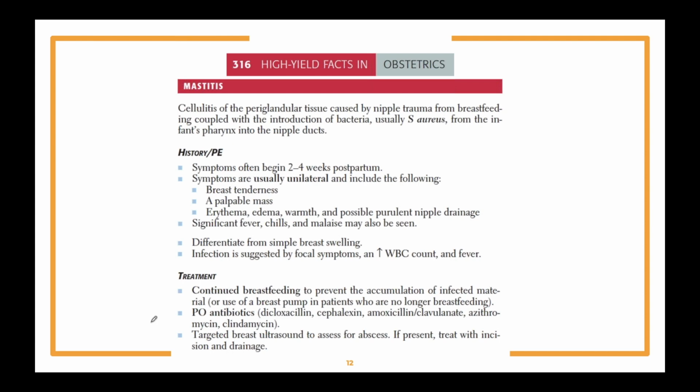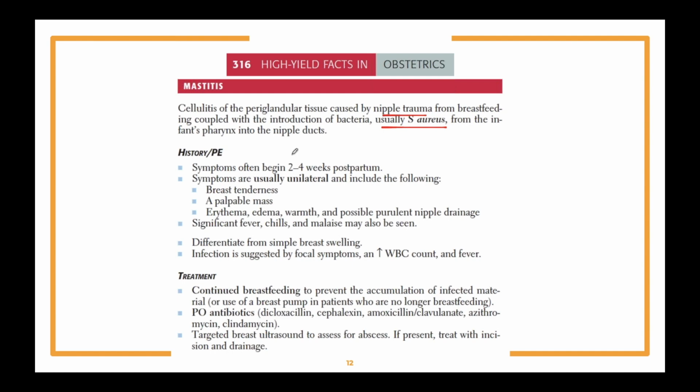As a result, organisms can enter the skin after that trauma, and it is usually Staph aureus, okay? In cases of lactational mastitis, you can see in the history and physical exam, it's usually unilateral. You can have erythema, edema, warmth, and tenderness, and you can have significant fever like our patient. She had all of those. She didn't have fluctuance, which would indicate an abscess like we said.